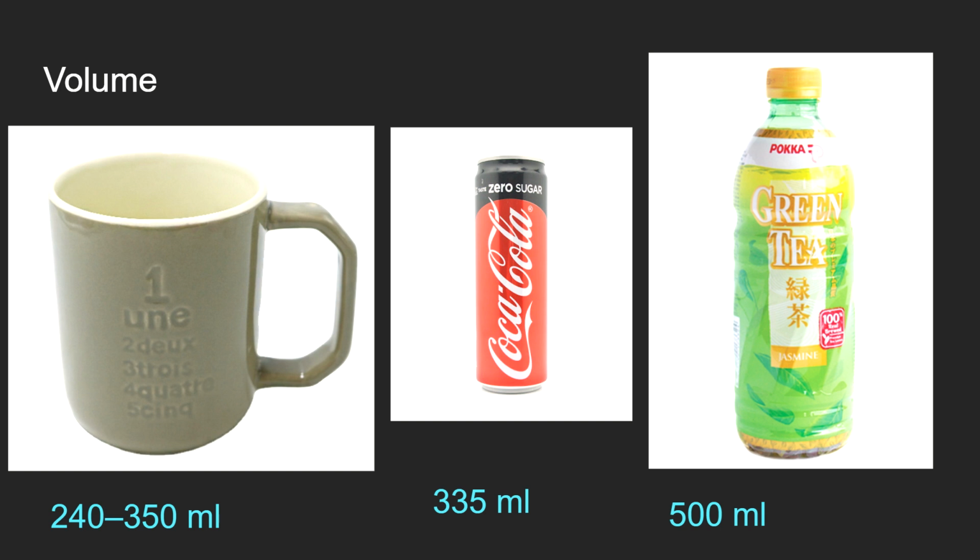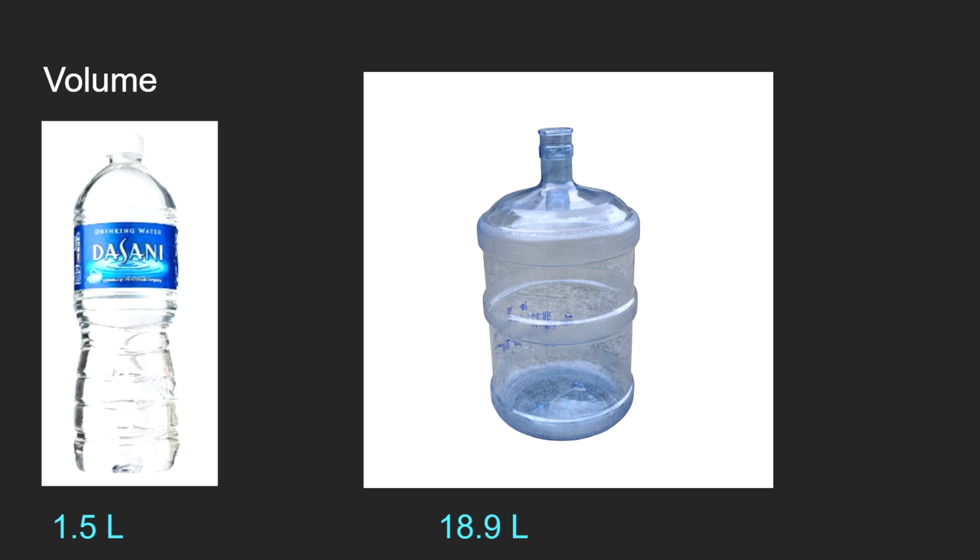I went to the website to search. And for a bottle of drink like green tea is around 500 ml. And like I said, 1.5 liters for bottled water that we usually see in supermarkets.